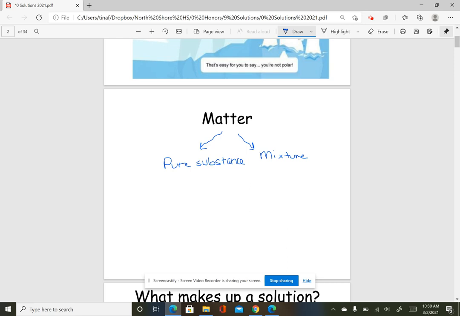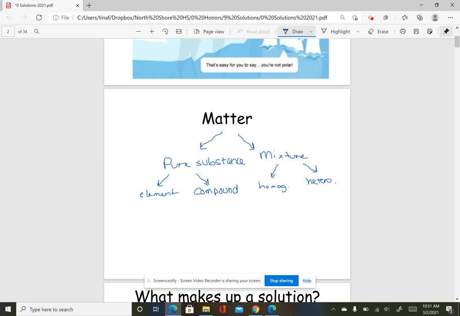If matter is considered a pure substance, it could either be an element or a compound. And in my mixture category, there are more specifically two types of mixtures. We have homogeneous mixtures and we have heterogeneous mixtures.